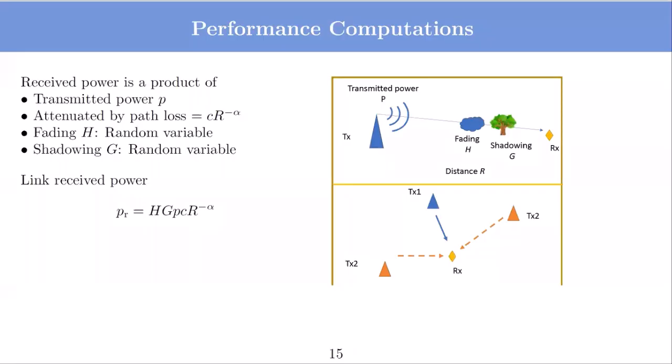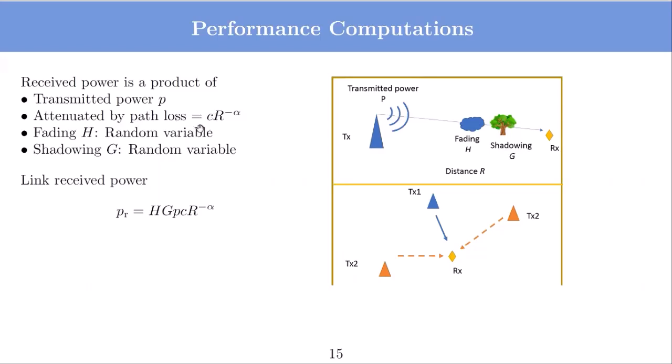So how do we compute the performance of a network? First we'll compute the receive power for each link. Suppose there is a transmitter and a receiver. The total receive power at the receiver is given by the transmit power multiplied by an attenuation which is caused by the path loss.